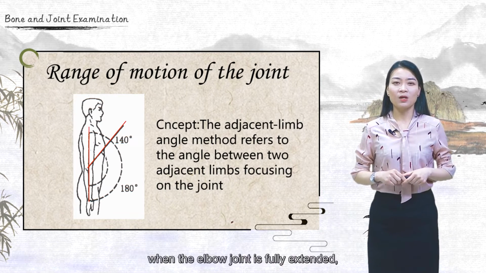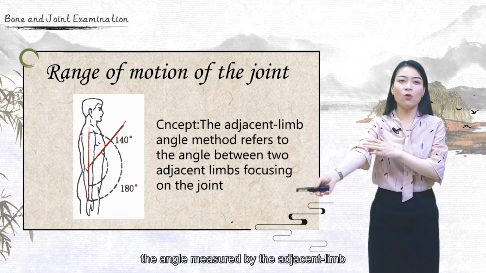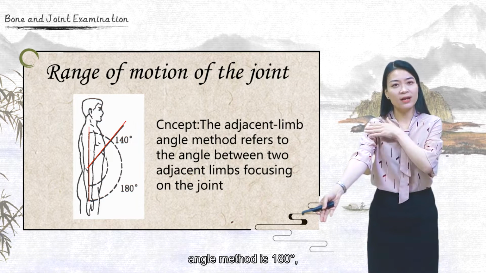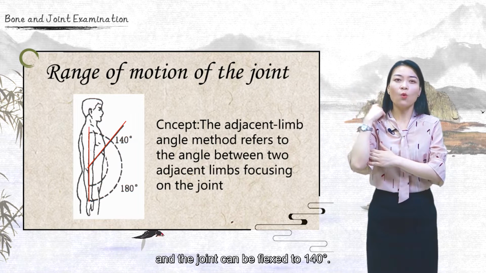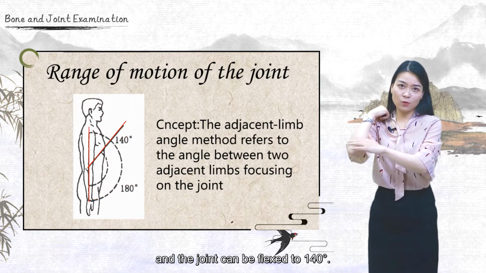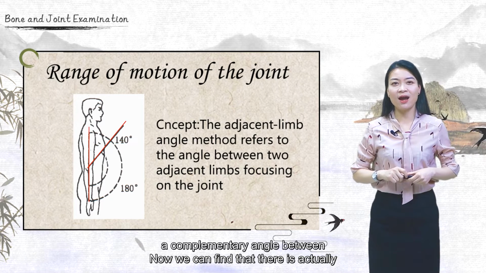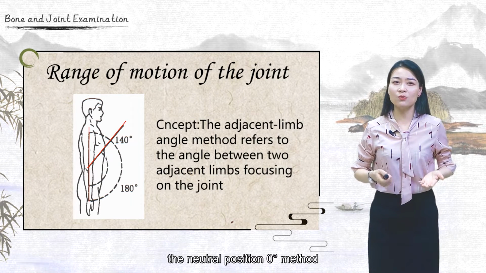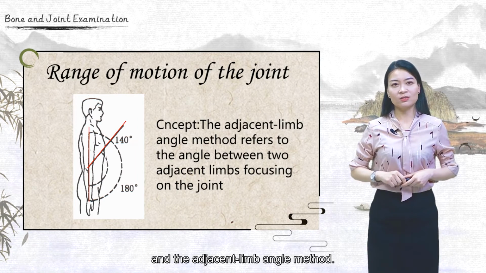For example, when the elbow joint is fully extended, the angle measured by the adjacent limb angle method is 180 degrees, and the joint can be flexed to 140 degrees. Now we can find that there is actually a complementary angle between the neutral position 0-degree method and the adjacent limb angle method.